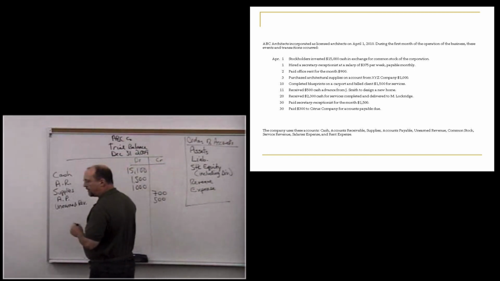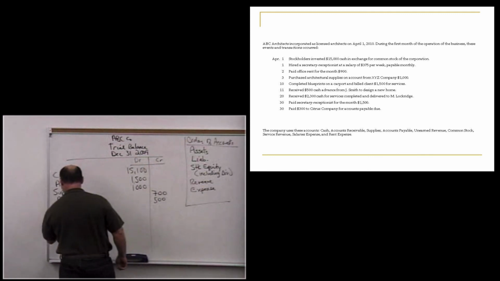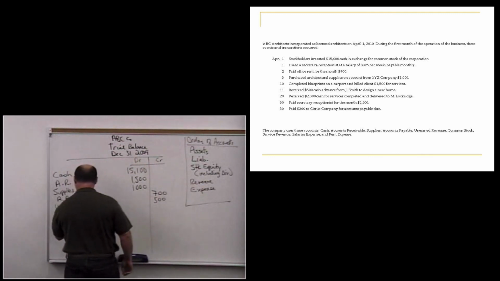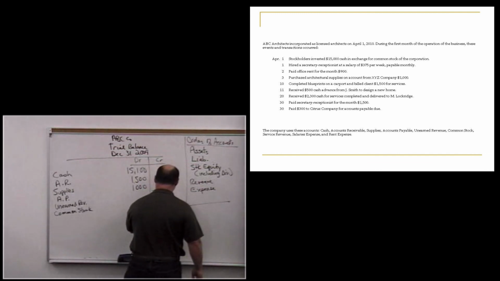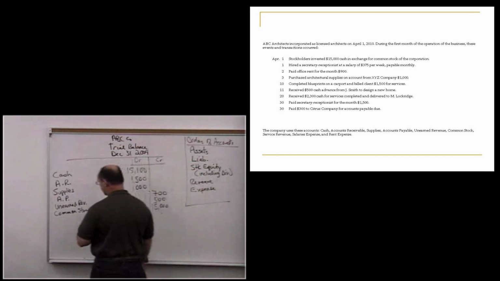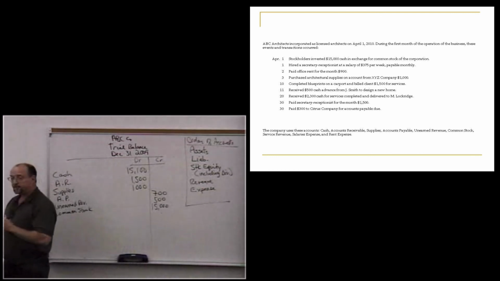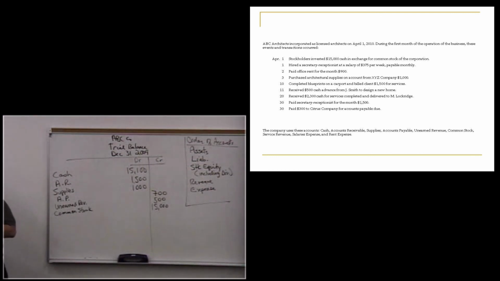Our next account is common stock, and that has a $15,000 balance. This must be our first month in operation since I don't see retained earnings. So remember what we said from last lecture: beginning retained earnings for the very first period is 0. We'll keep that in mind.